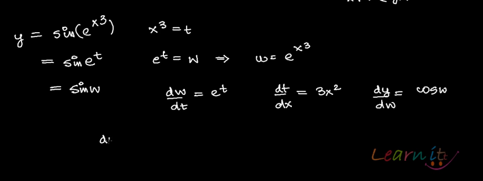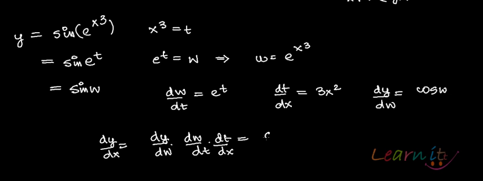So dy by dx is the product of dy by dw into dw by dt into dt by dx, which is equal to cos of w, dw by dt is e to the power t and dt by dx is 3x square. So cos of w could be written as cos of, in place of w you can write e to the power x cube, the way we have written it here.